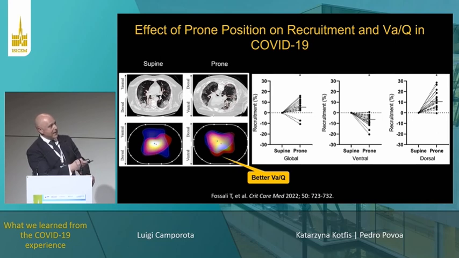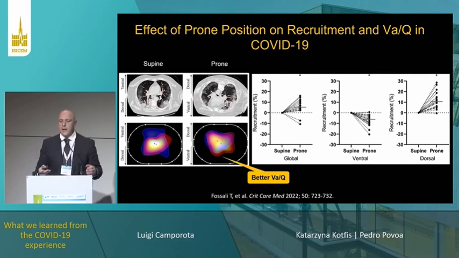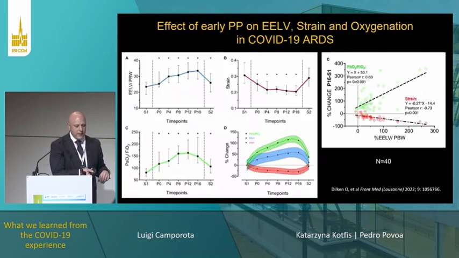So we gain some, we lose some, but on balance, we increase recruitment. But what is more important, if you see these two maps, the blue and the red, there is a discrepancy in supine position. There is more ventilation than perfusion, in other words, dead space, and that has been normalized in prone position. Again, this is in COVID-19.